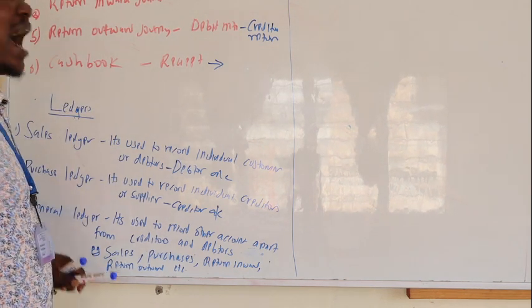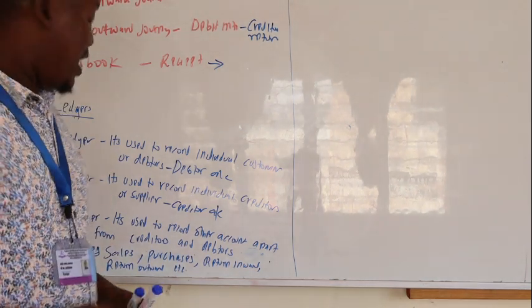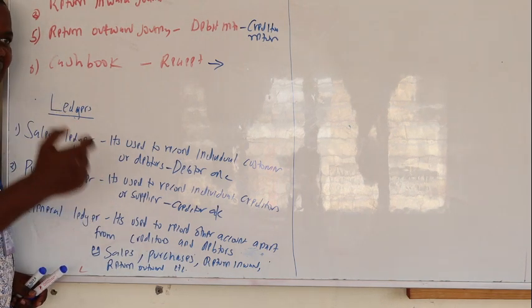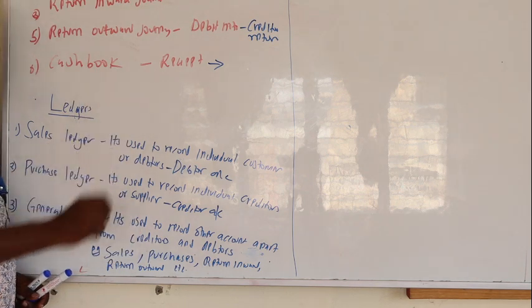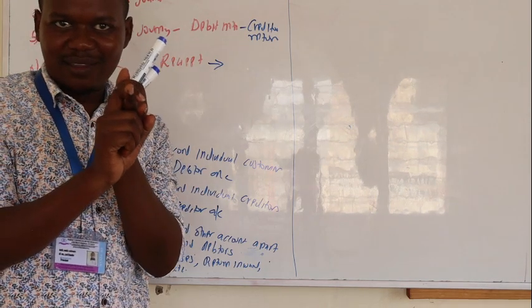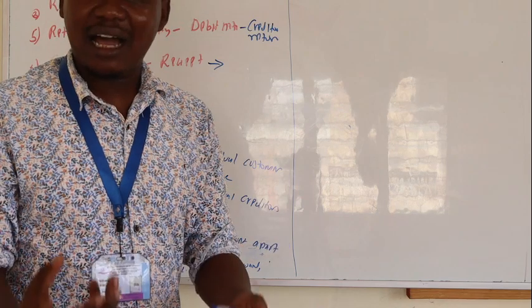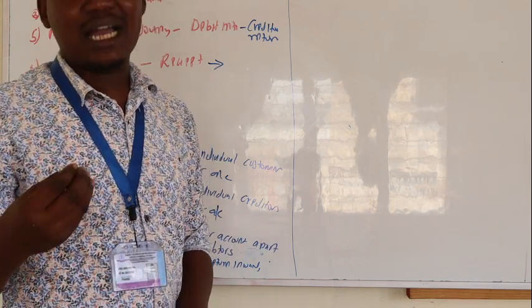Then we have a general ledger. The general ledger is a book, or an account, that is used to record other accounts, apart from debtors and creditors. These are accounts like the sales account, purchase account, returns inward account, and returns outward account.